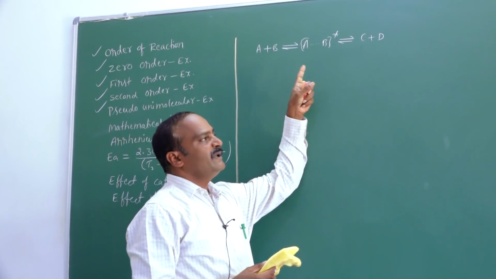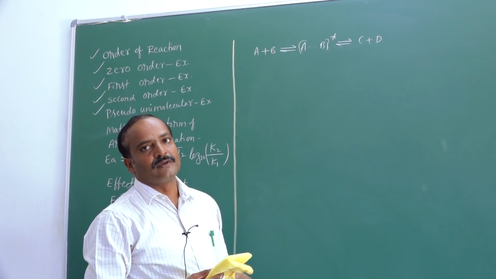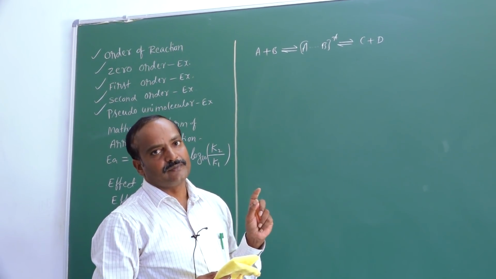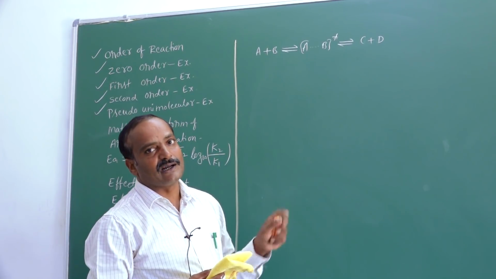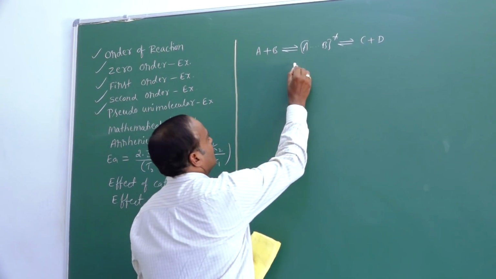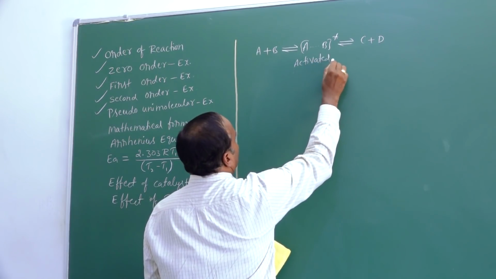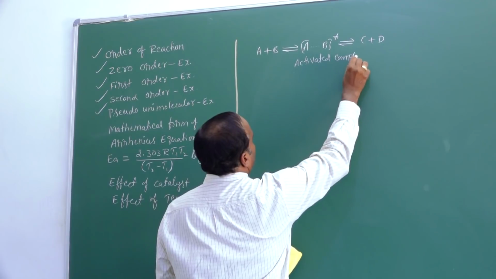A dot dot B star represents the collision that takes place between the reactants A and B. This is called the activated complex.